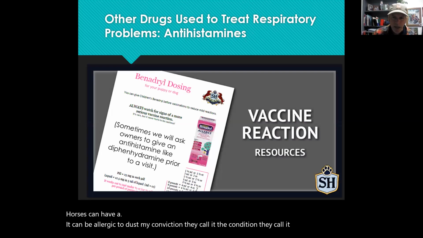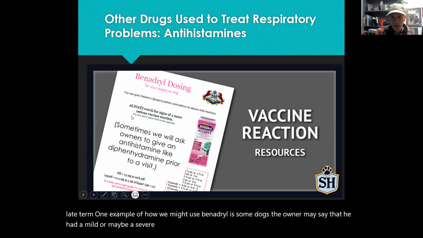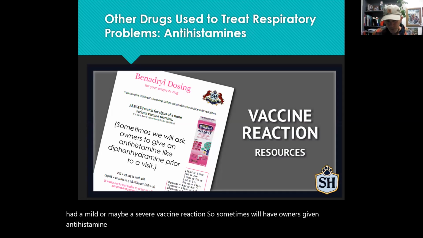That's the lay term. One example of how we might use Benadryl is some dogs, the owner may say that he had a mild or maybe a severe vaccine reaction. So sometimes we'll have owners give an antihistamine like Benadryl prior to a visit.